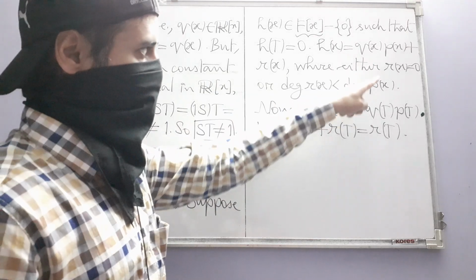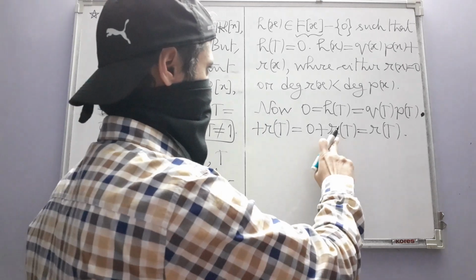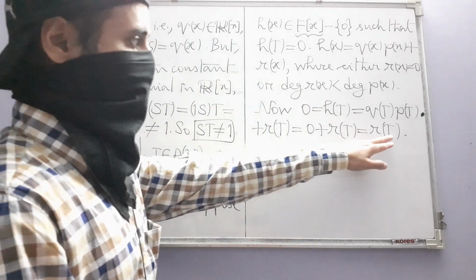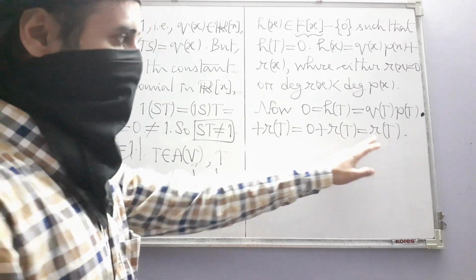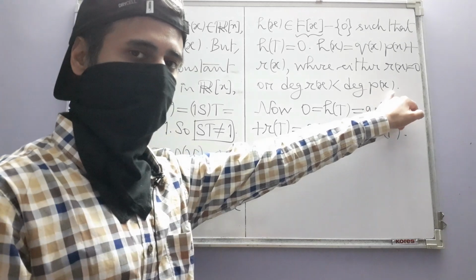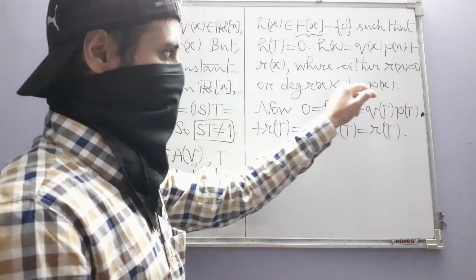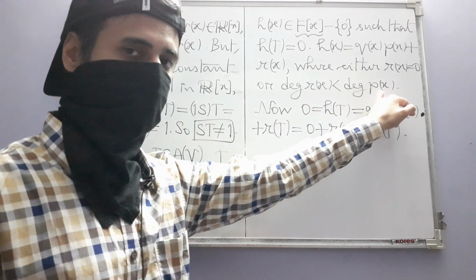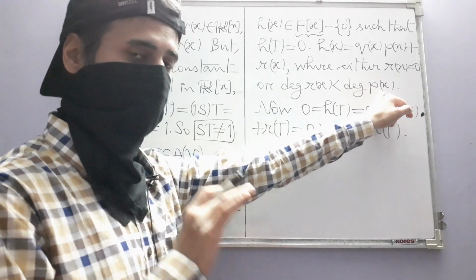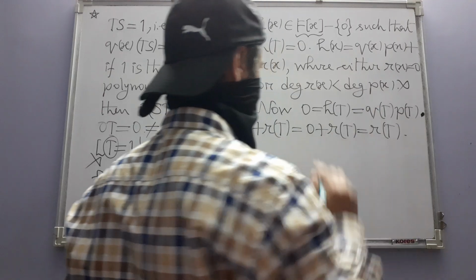Now looking at these two cases, what do we see? If it happens that r is a non-zero, a non-trivial polynomial, then T is satisfying r, but at the same time r has degree less than the degree of a minimal polynomial. Can this happen? No, because that would contradict the minimality of the degree of p(x). So that's why this case cannot happen.